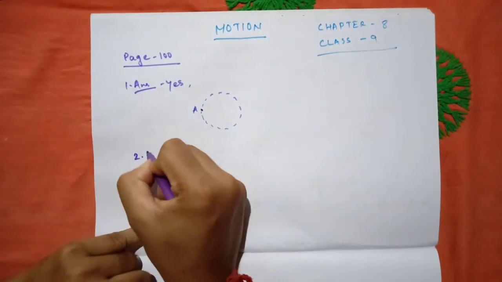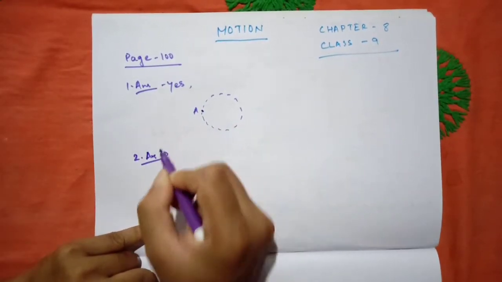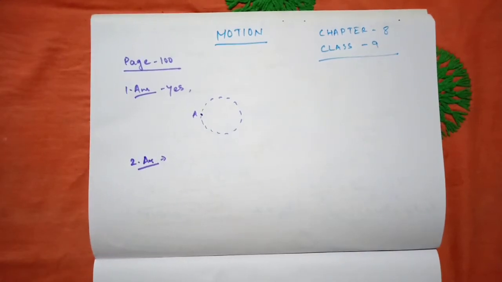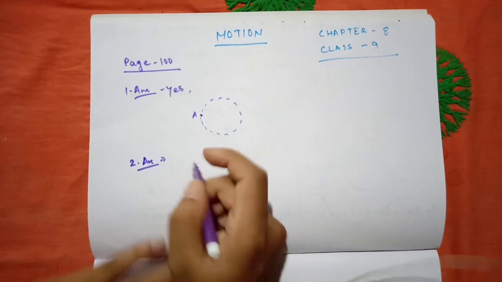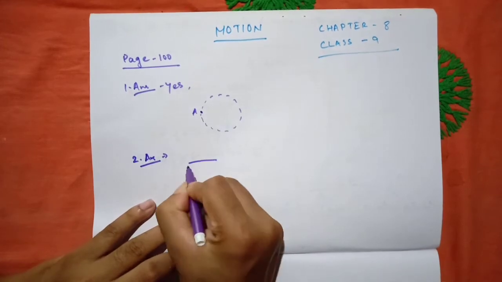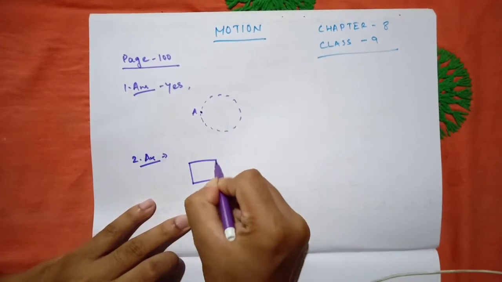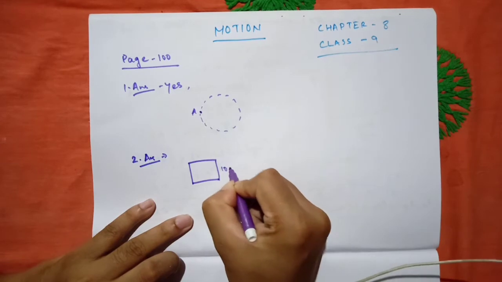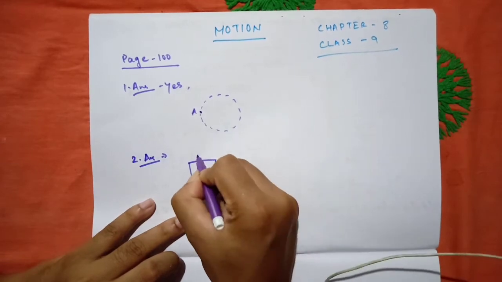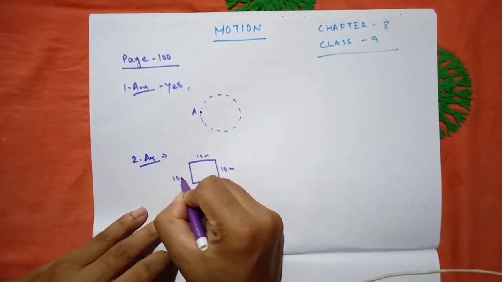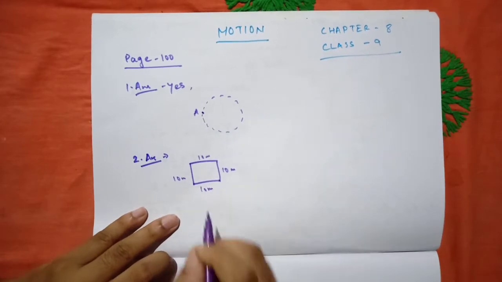Now moving on to the next question, in which it is asked that a farmer moves along the boundary of a square field of side 10 meter. Let us take this as his field whose sides are 10 meter, each and every side is of 10 meter.